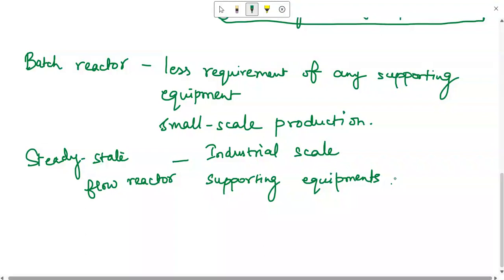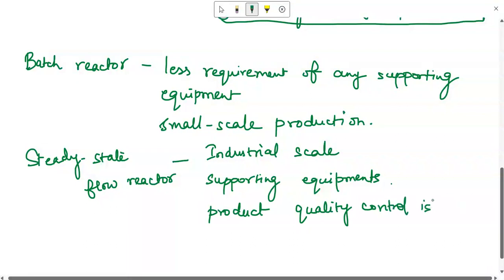Okay, so that is one of the very attractive features of steady state flow reactors. And also the product quality control, this is a very important factor. Product quality control is relatively easy to achieve.